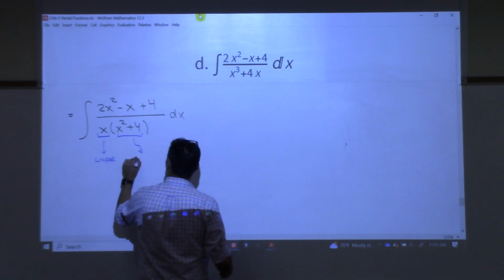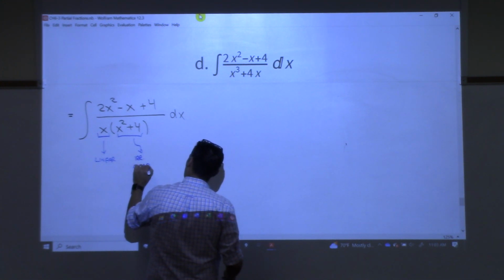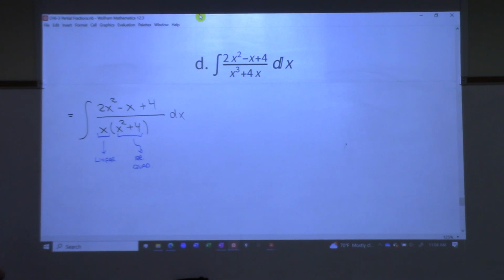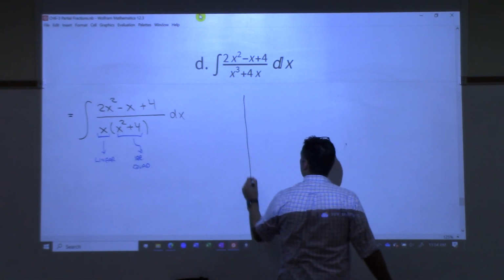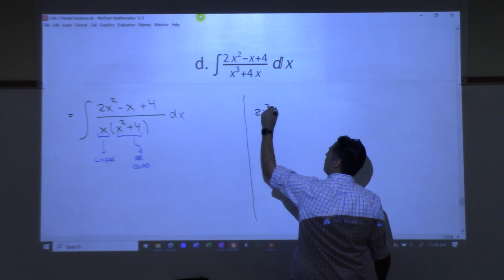So I'm going to put IRR for irreducible quadratic. That dictates what my partial fraction decomposition is going to look like. So now let me do the partial fraction decomposition over here. I'm not doing the integral right now. I'll come back to that when I finish this.